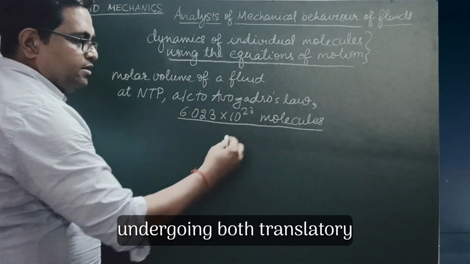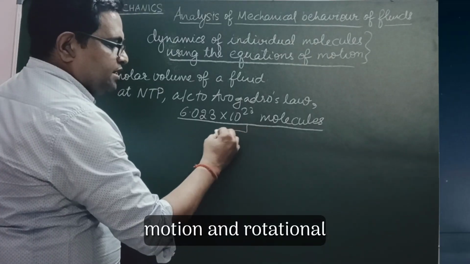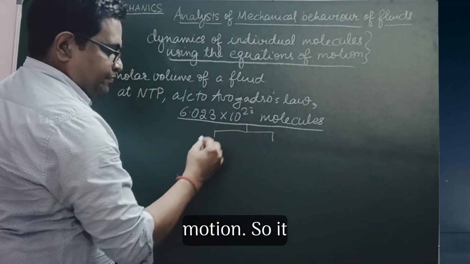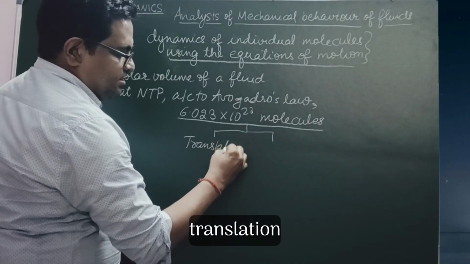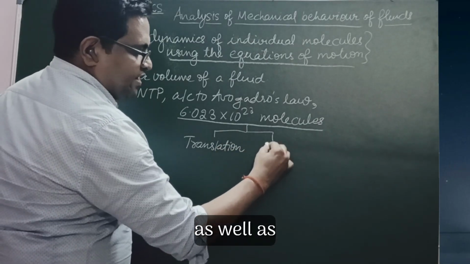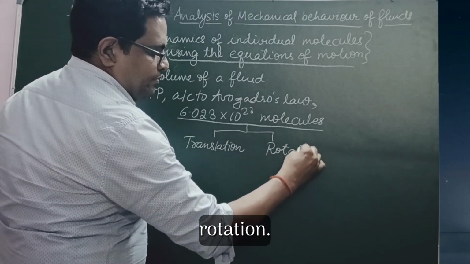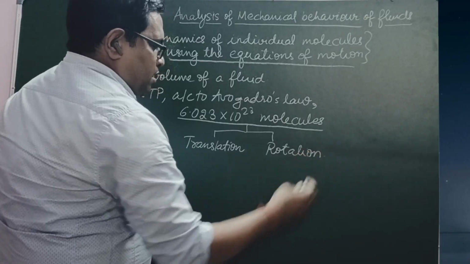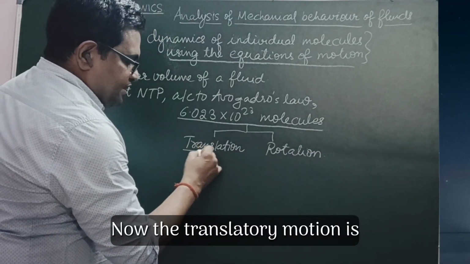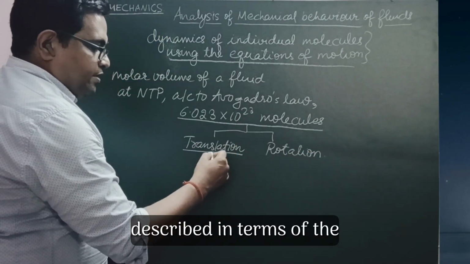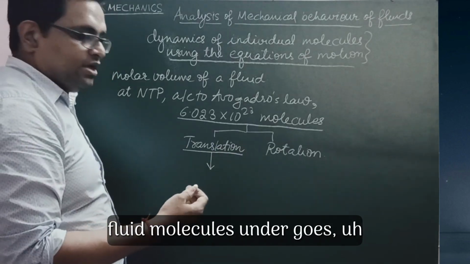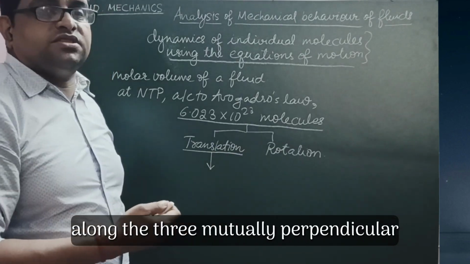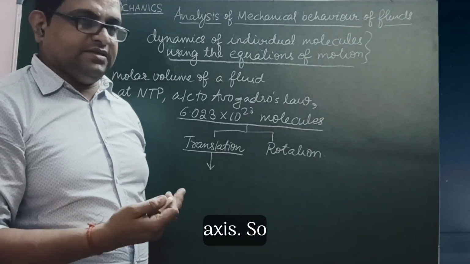is undergoing both translatory motion and rotational motion. So there is translation as well as rotation. Now the translatory motion is described in terms of the translational velocities which a fluid molecule undergoes along the three mutually perpendicular axes.